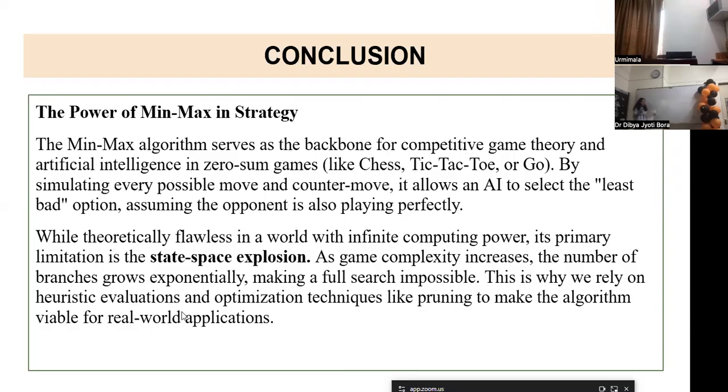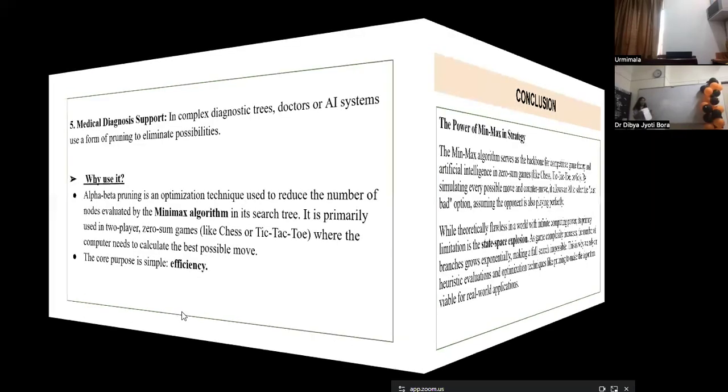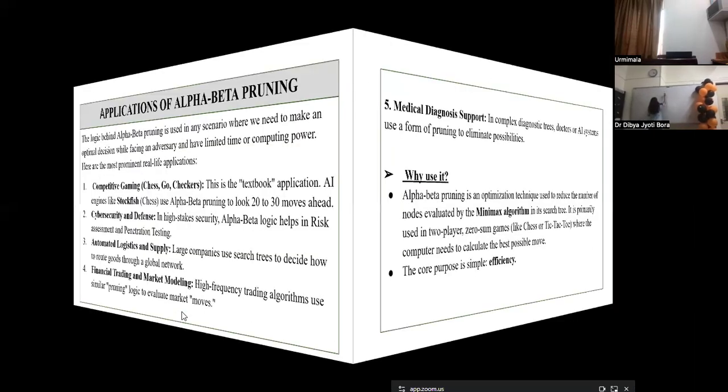How are we calculating in alpha beta pruning? Second example.